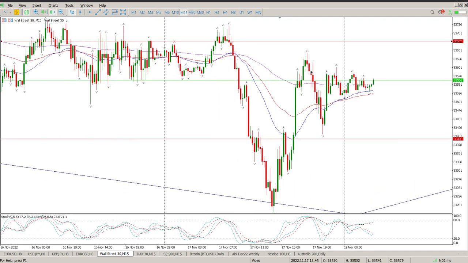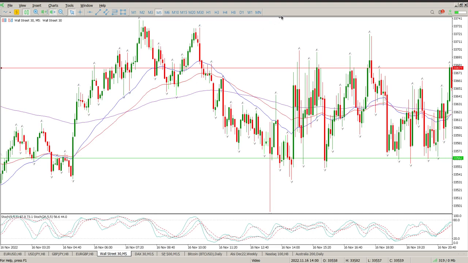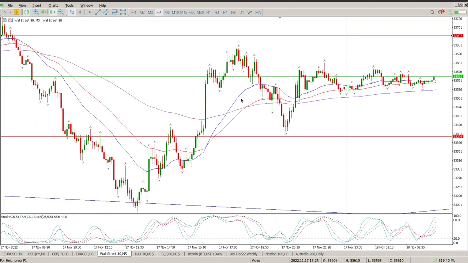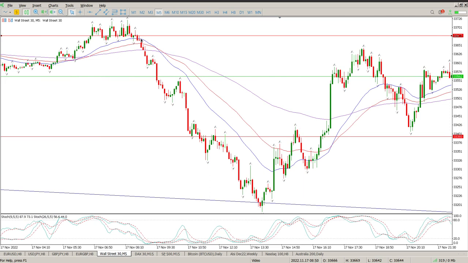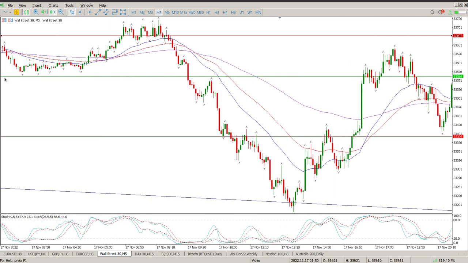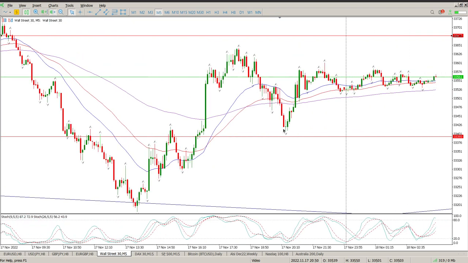So you'll probably find decent opportunities on a 5-minute chart. You can see yesterday here, below the moving averages, as you start breaking through structure, look for the retest and then trade to the downside. Then there was not really anything to the downside here.